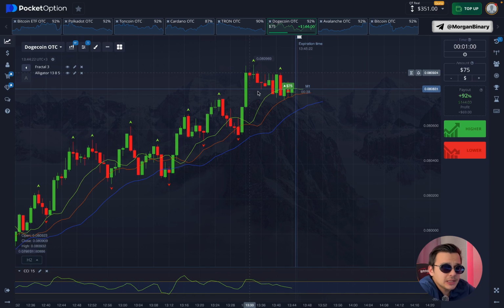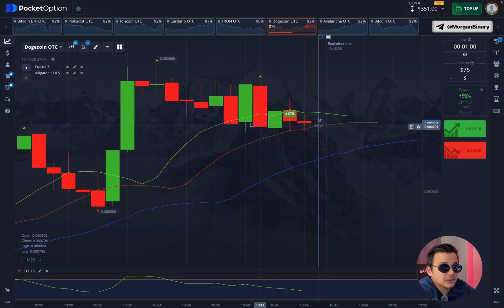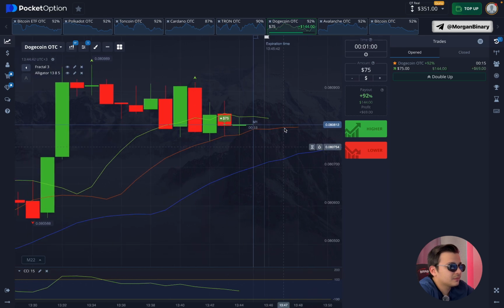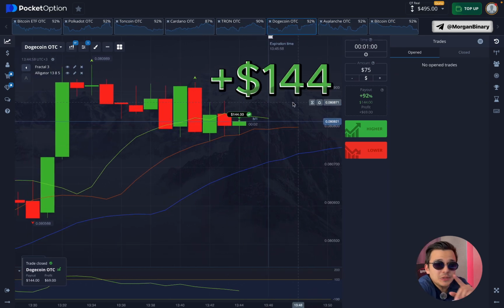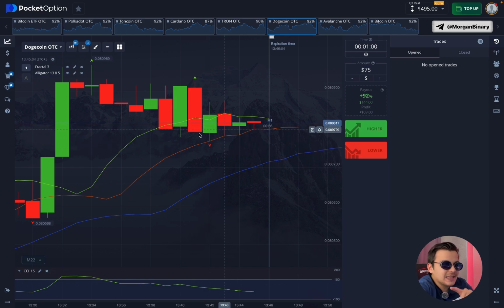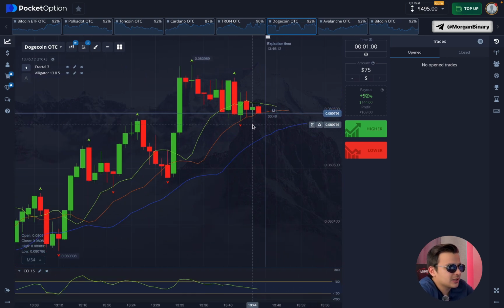There is a possibility the price might continue downwards due to the previous highs, but let's wait for the outcome. The trade closed in profit, a local low formed, and there is a potential for further upward movement. This confirms my correct entry, and I locked in profit. Let's continue with another $75 trade.